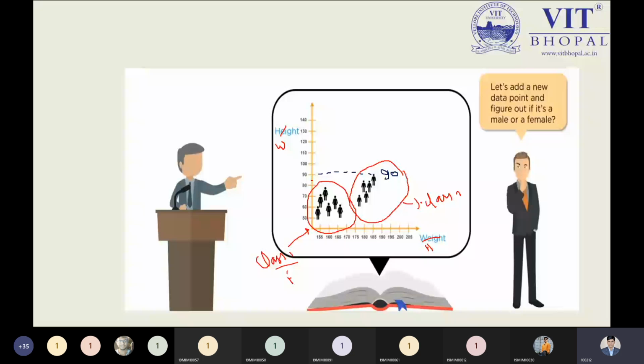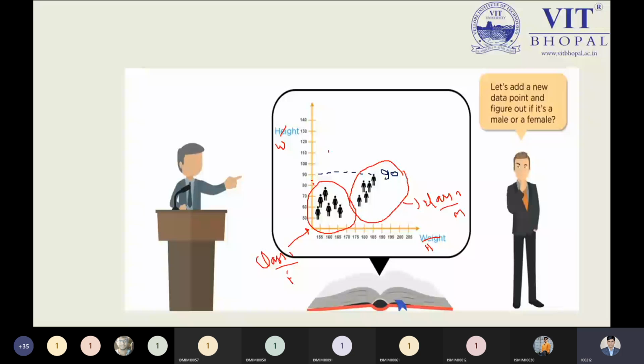If I put in new information, suppose a new value that lies somewhere over here, at that time I need to identify the height and weight of that particular person. Based on the newly inputted height and weight, I need to predict where the information lies and classify the new inputted data.